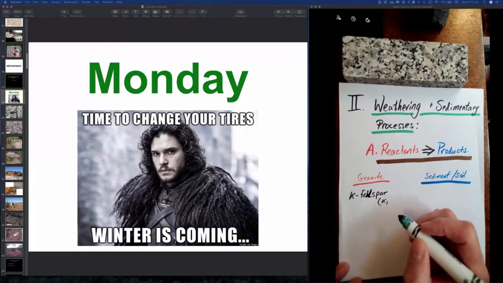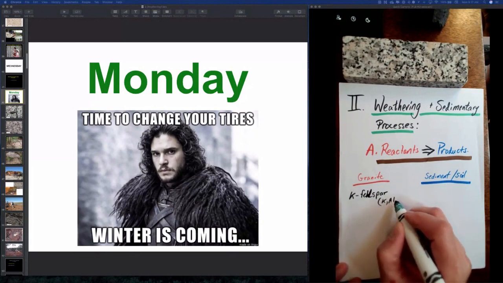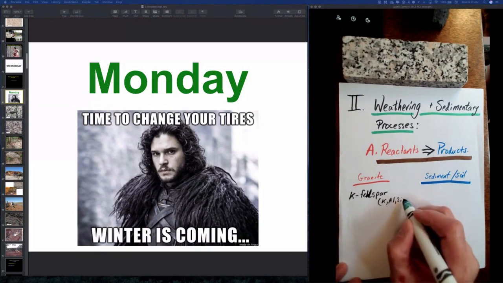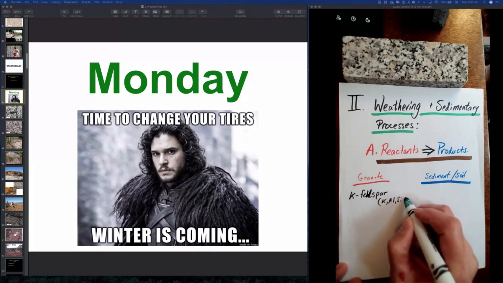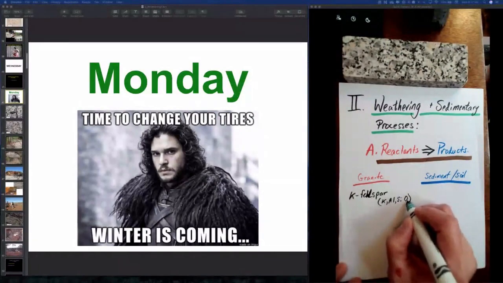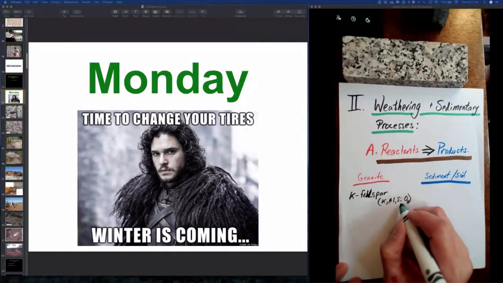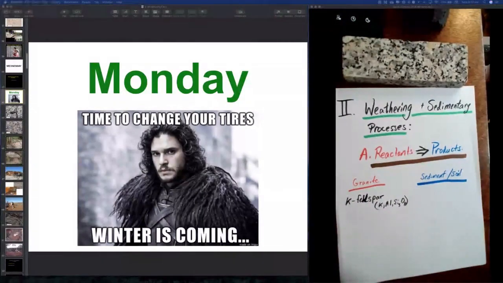Okay, and so you have potassium feldspar, and you've got stuff like potassium, of course. If I ask you what's in potassium feldspar, you better have potassium down. Aluminum, it's an aluminosilicate, that's very important. Silicon, and oxygen. You don't have to memorize this, but there's 3 of those and 8 of those and 1 potassium, 1 aluminum.